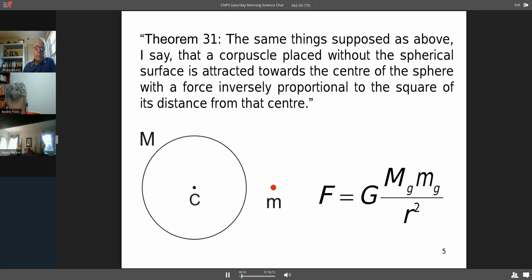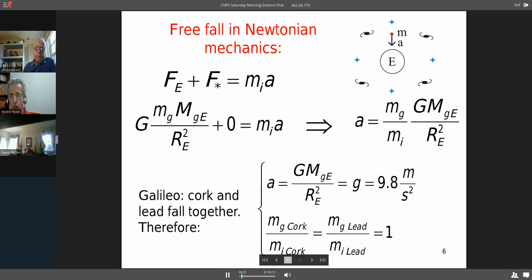Okay, so now we can go back to free fall in Newtonian mechanics. So this is Newton's second law: the force of the Earth plus the force of the stars acting on the apple is equal to the mass of the apple times its acceleration. By Newton's theorem, the force of stars and galaxies goes to zero.